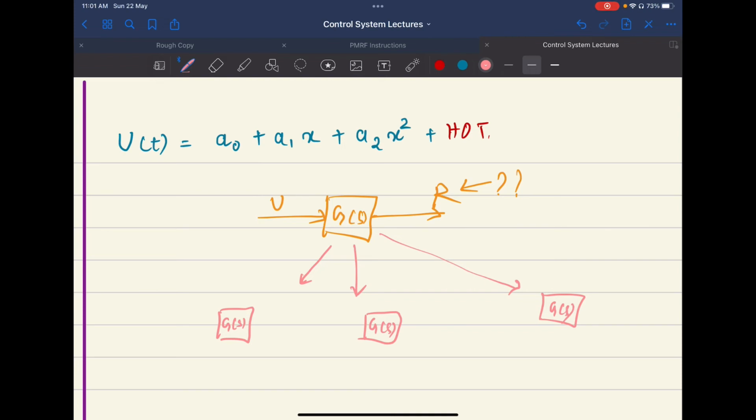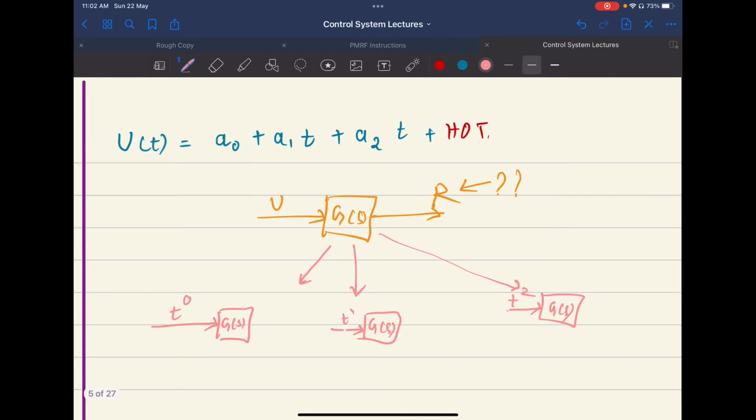Now I will give the input t to the power 0 here, t to the power 1 here, and t to the power 2 here. Sorry, it should be t, so this thing should be t. My mistake, pardon me.